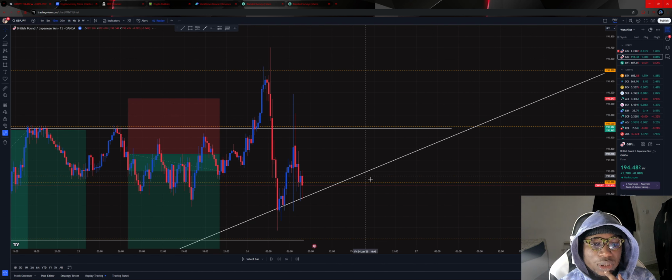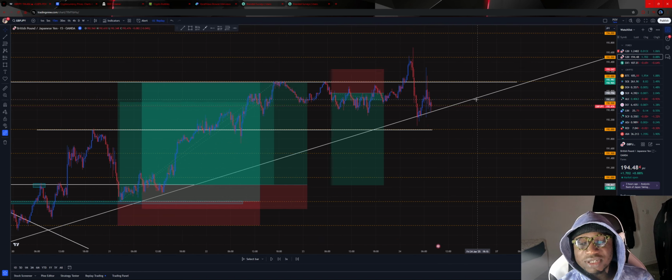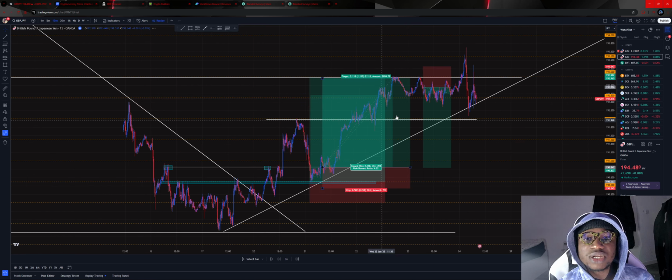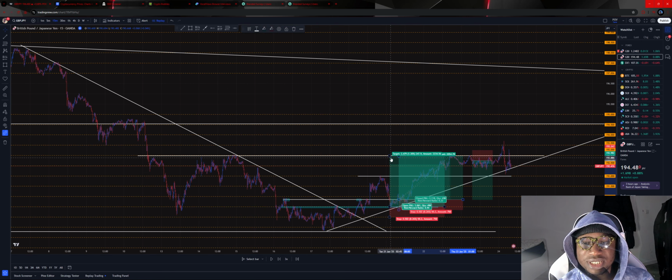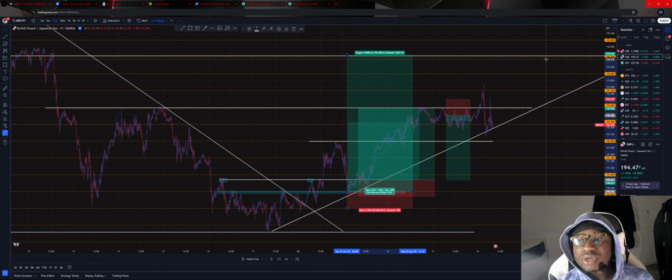So I was looking at this area to take a buy because now I have another confirmation: multiple week rejection, trend line bounce, psychology level, to eventually take my trade back up to this final decision, which was another 200 pip move.